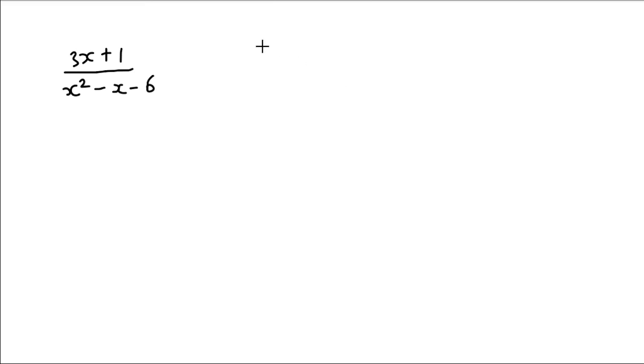Okay, let's factorize this. Our expression is x squared minus x minus 6. If you had to factorize this, look for two numbers which, when you multiply, you get negative 6, and when you add them, you get negative 1. So our values are 2 and negative 3.